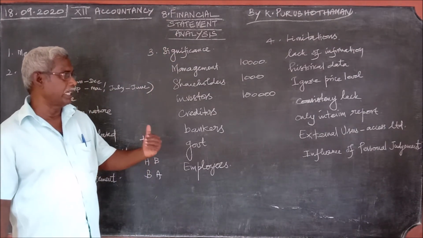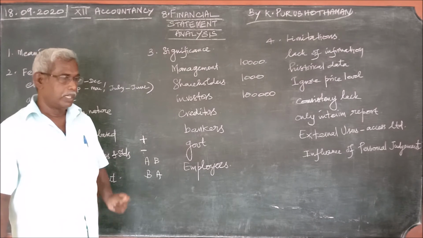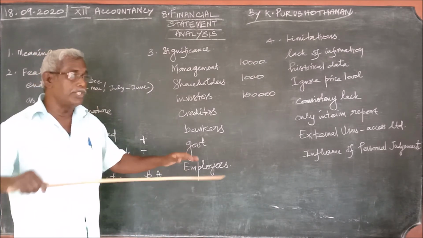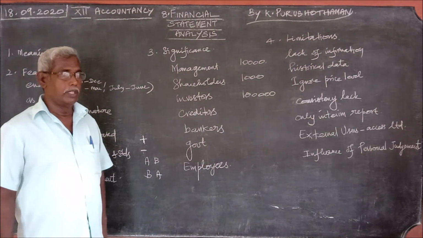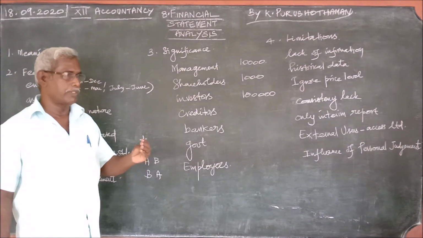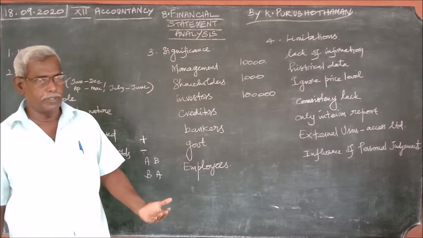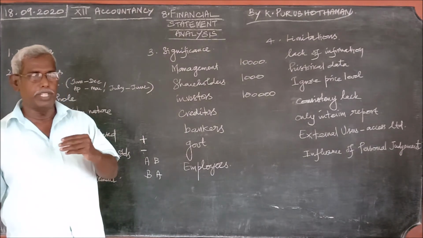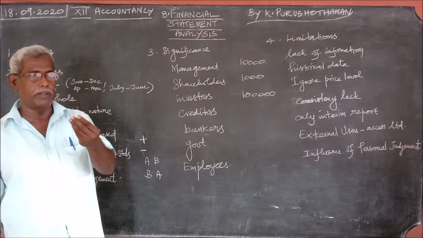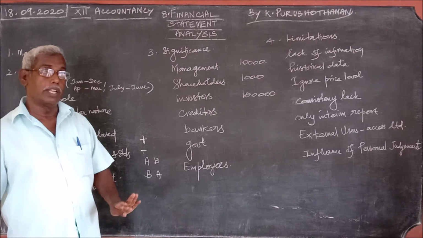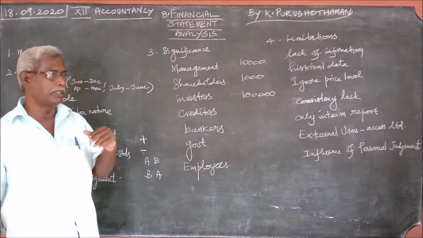It is prepared by the business, and it is not a permanent one. It will be changing often. One year's business will not be the same for the next year. One year's profit will not be the same in the next year. There may be an increase in the profit, there may be a loss in the business. Therefore, nothing is permanent there.